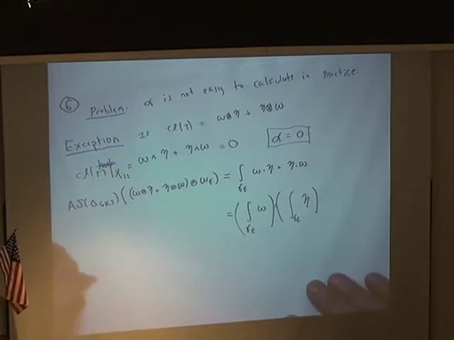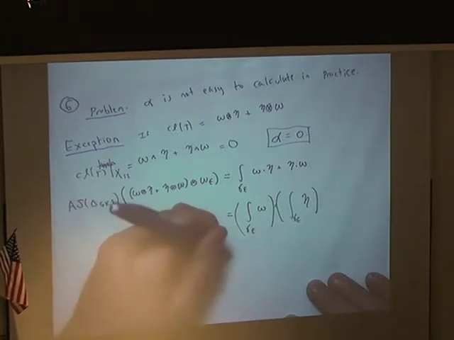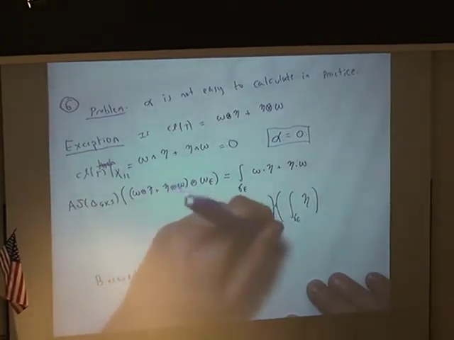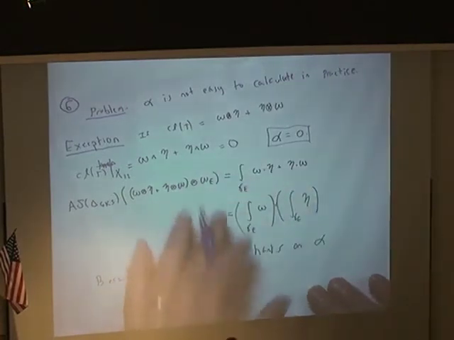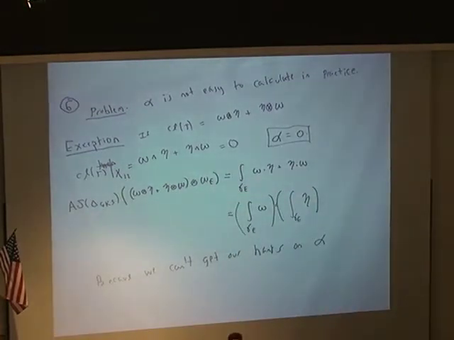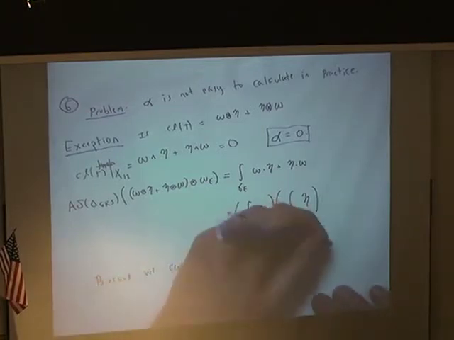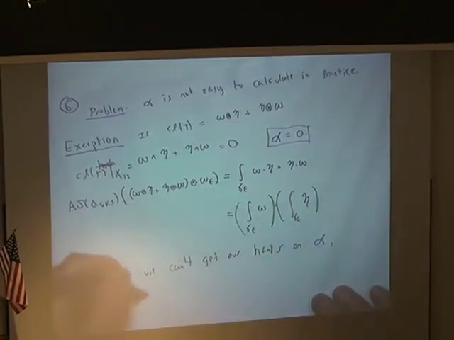Because we can't get our hands on alpha, this formula that I wrote is great for various theoretical purposes, but if you really want to compute, it is better to work with de Rham cohomology.